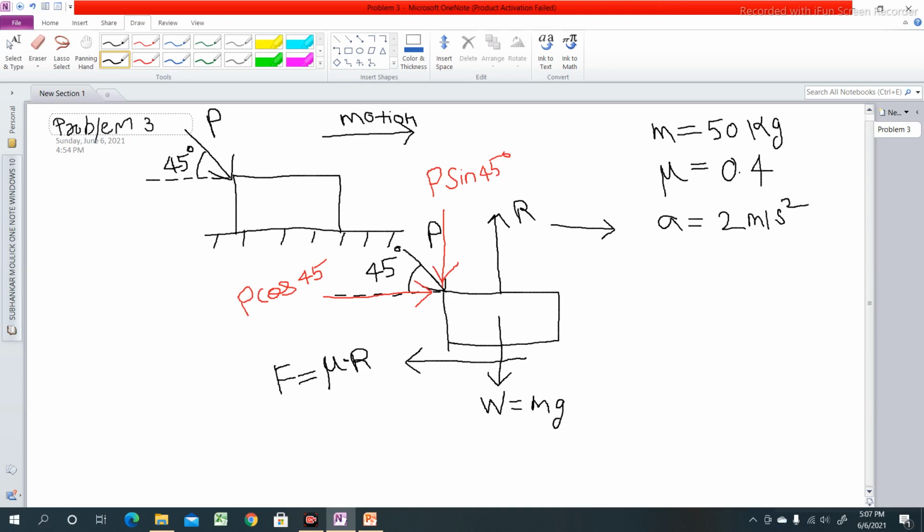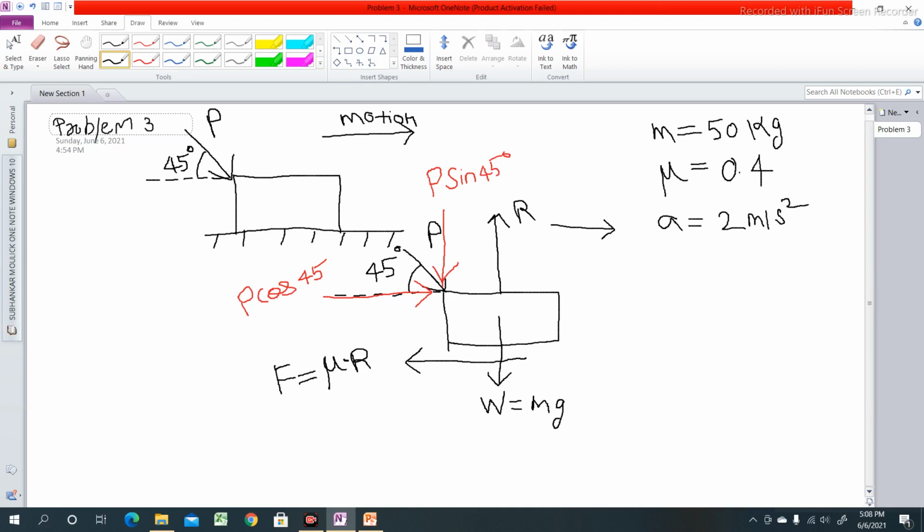Then according to D'Alembert's principle, we need to introduce an inertia force to this block. Once you introduce this inertia force, then only the entire block will be in dynamic equilibrium, and I know the direction of inertia force is opposite to the direction of motion of the block.